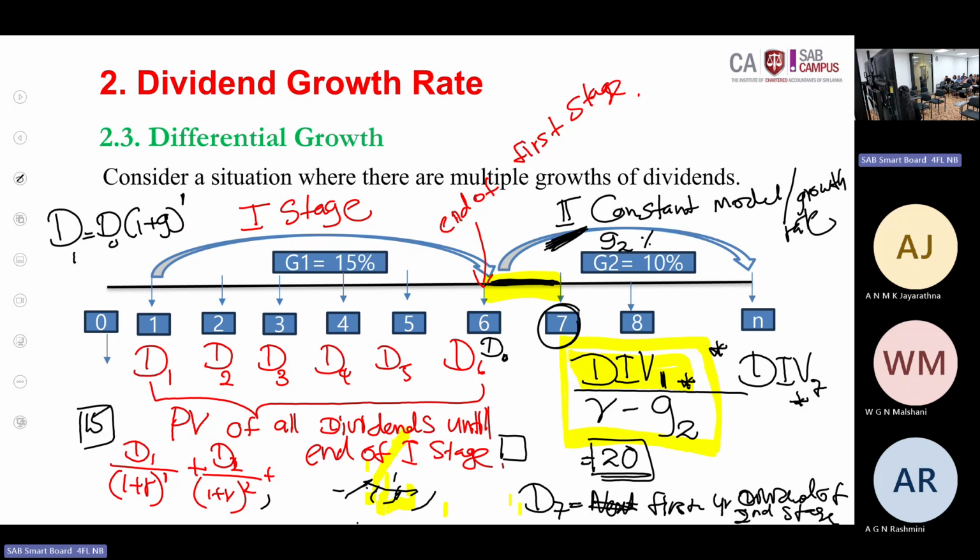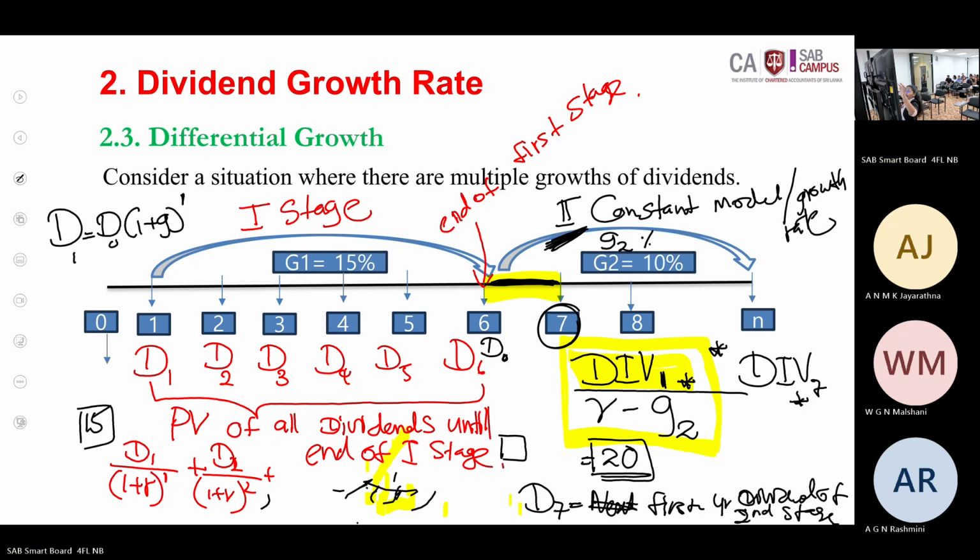No, that's not correct. Because I have taken the second stage value at the end of the 6th year, which is after another 6 years. That has to be converted again to the present context.